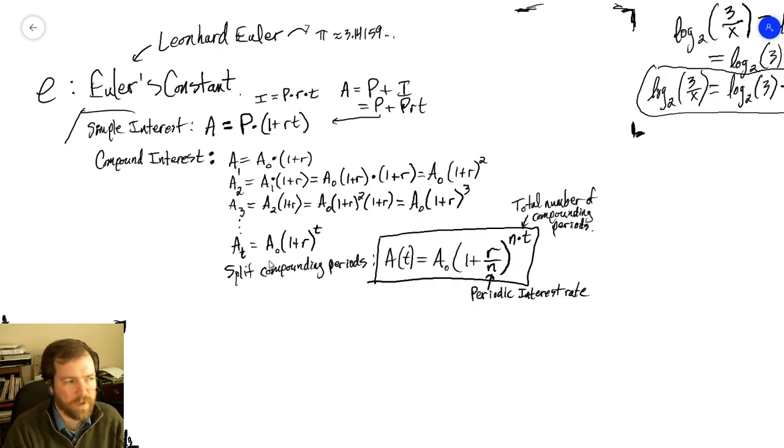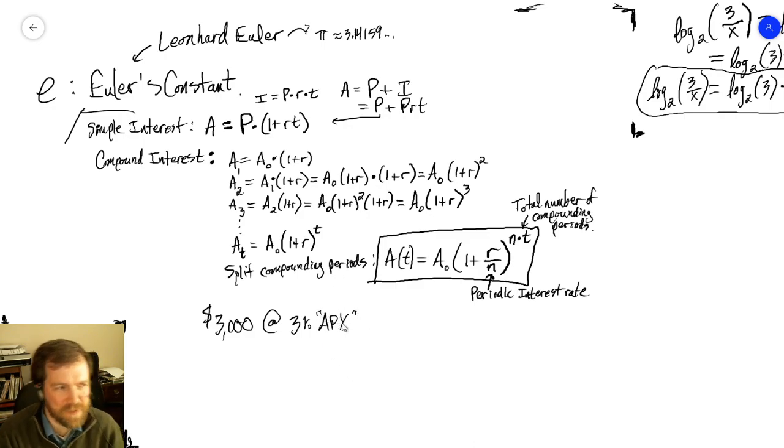So there's a bunch of stuff you can do with this. If you invest $3,000 into an account that gets you 3% interest, I'm going to be very loose about that. No, that's not actually APY. It is APR, annual percentage rate.